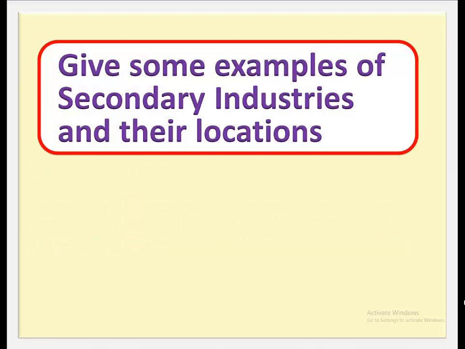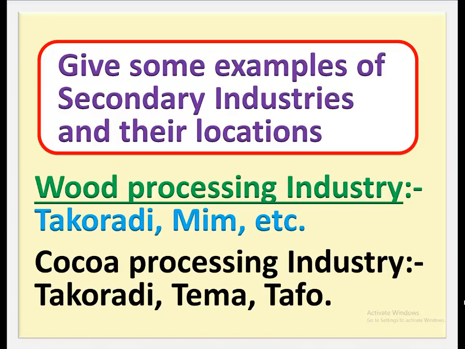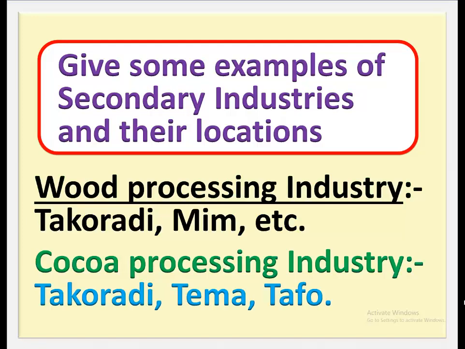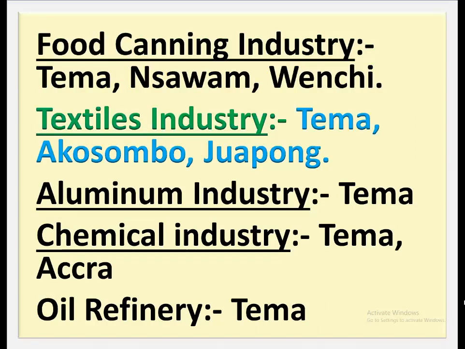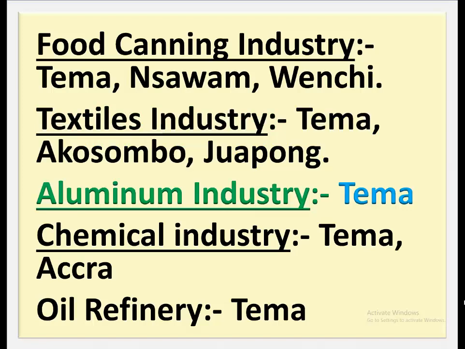Tema. Give some examples of secondary industries and their locations. Wood processing industry: Takoradi, Mim, etc. Cocoa processing industry: Takoradi, Tema, Tafo. Food canning industry: Tema, Nsawam, Wenchi. Textiles industry: Tema, Akosombo, Juapong. Aluminum industry: Tema. Chemical industry: Tema, Accra.